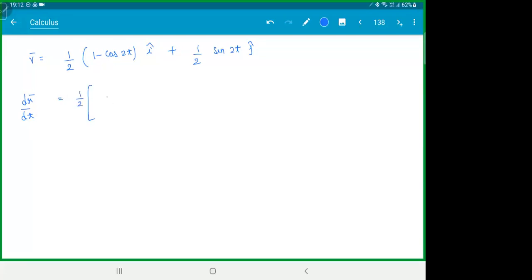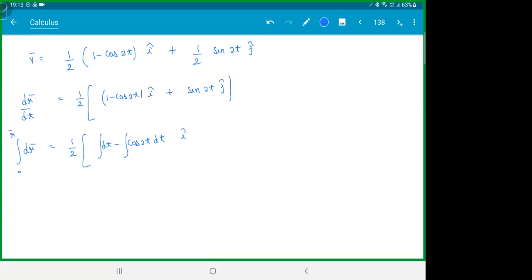I'll just take out half outside and send dt that side. This will be dt minus cos 2t dt.